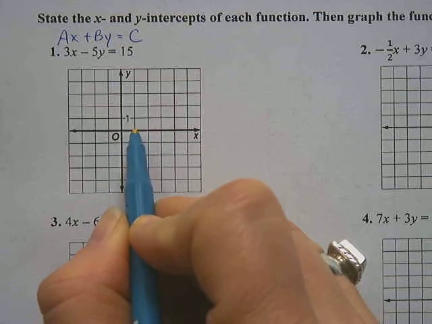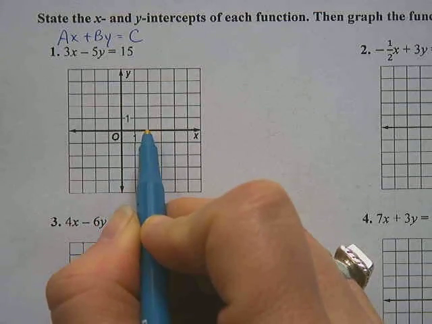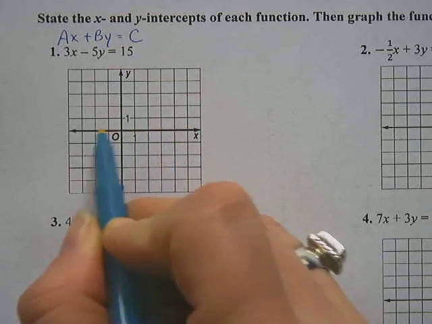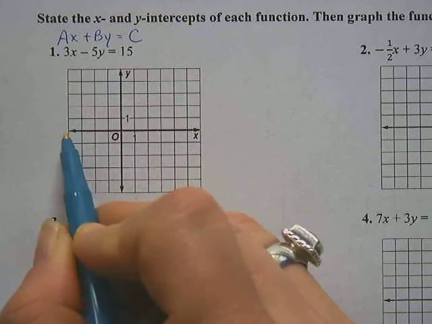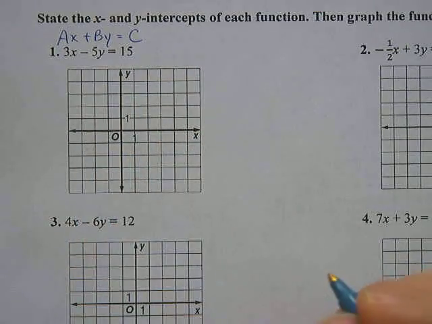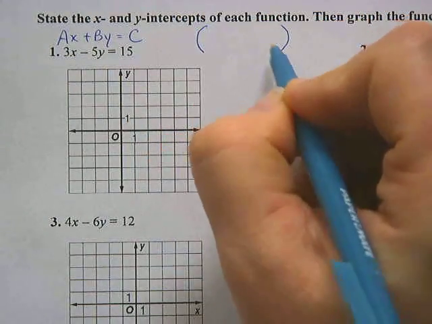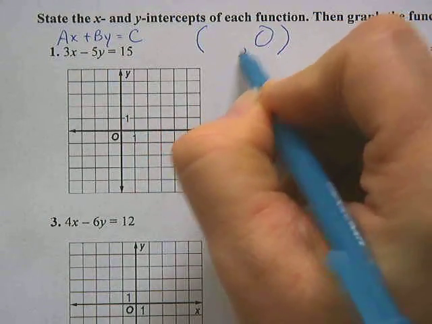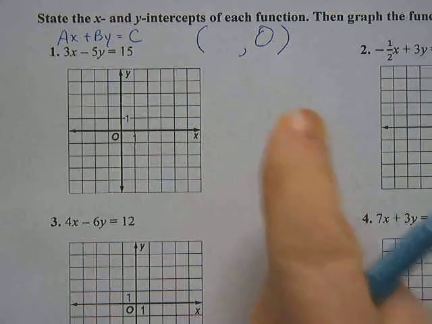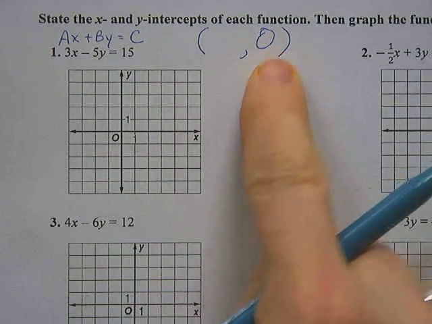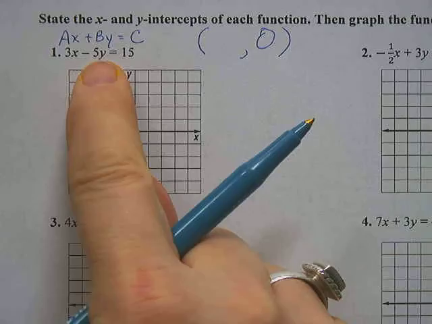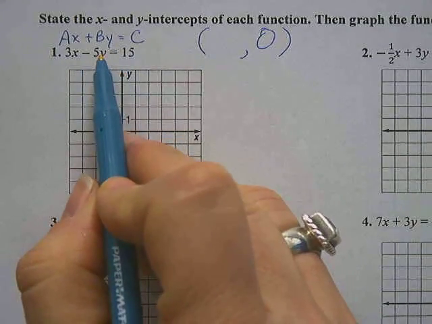Okay, and we do this by doing a really simple technique. If you think about any point that lies on the x-axis, (1, 0), (2, 0), (3, 0), notice that every point on the x-axis has a y value of 0. So what we do is we're going to create an ordered pair, but we're going to let y be 0.